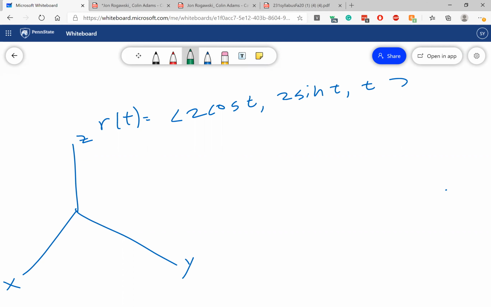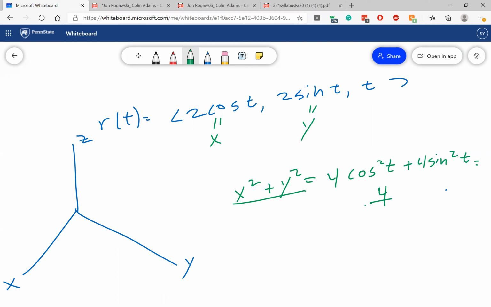So if this is your x and this is your y, then x squared plus y squared is going to be equal to 4 cosine squared of t plus 4 sine squared of t. Just plugging these in, that's going to be equal to 4. And because of that, we get this relationship, x squared plus y squared is equal to 4. So this is going to be a circle with radius 2, in the xy coordinate if your z is 0.